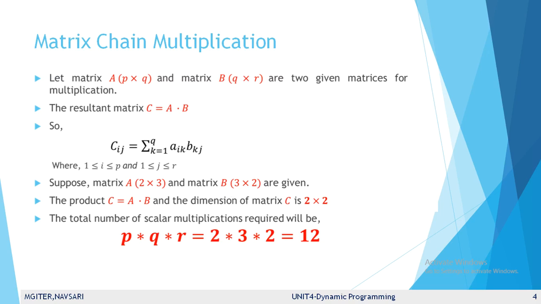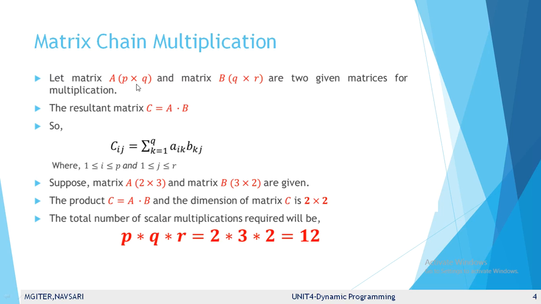Here it is possible because of 2 cross 3 and 3 cross 2, where the number of columns and rows become the same, but it is not always possible.